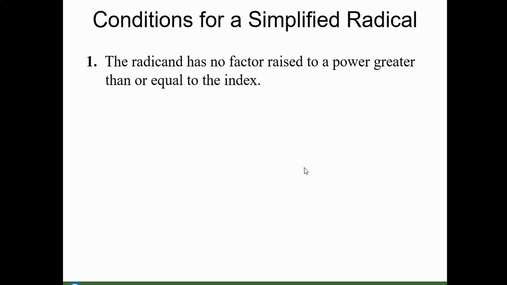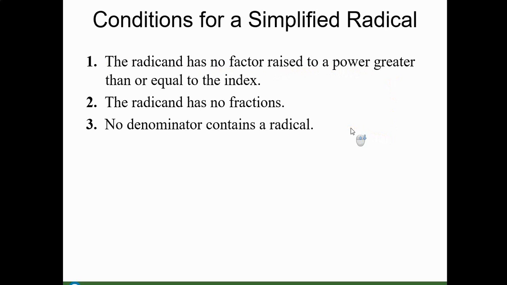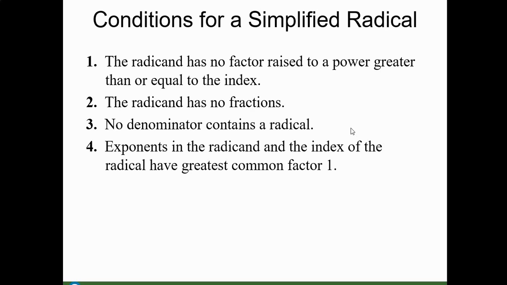And there were 4 conditions. The one that we're really looking for in this particular problem is this one here: the radicand has no factor raised to a power greater than or equal to the index. And then there were these other requirements that we also discussed, but we want to focus on the first one here for this particular example.